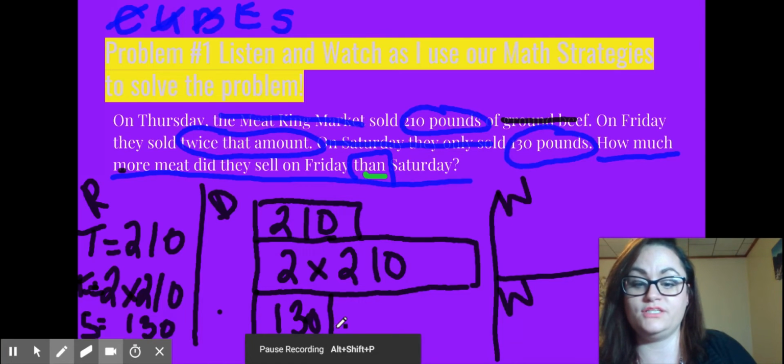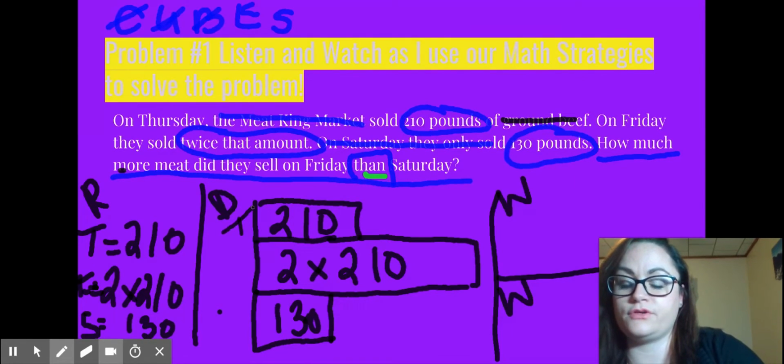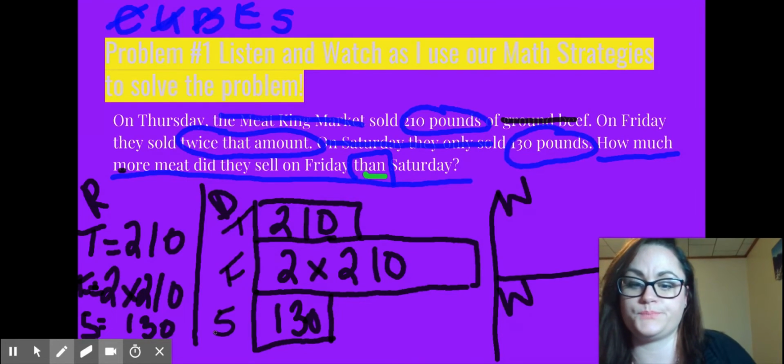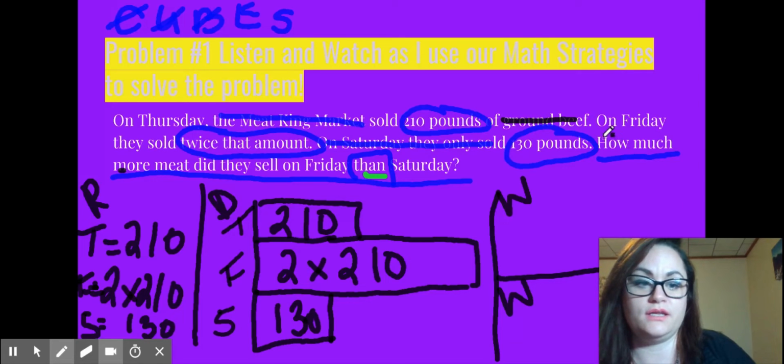Now what I need to do is go back and double check to make sure that I've got all of the information that's available. So I have Thursday's, I have Friday, and I have Saturday. I've drawn my tape diagrams. I have them labeled with numbers and what they are. And then it says here, my question is how much more meat did they sell on Friday than Saturday?